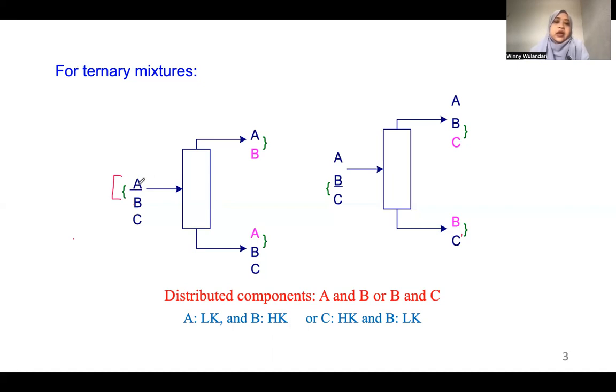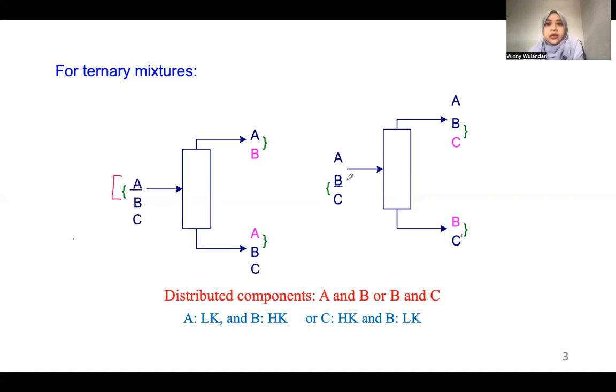On the other hand, A would still remain a little bit in the bottom product, while B and C, of course, mostly appear in the bottom product. So in this case, A is the lightest component found in the bottom product, so A can be considered the light key component.